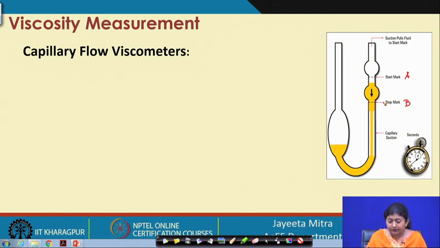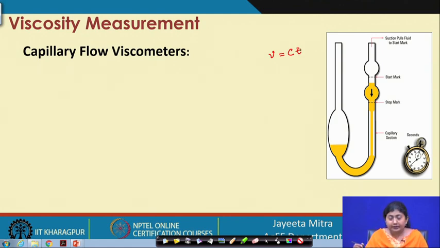So, we can represent the kinematic viscosity nu as equal to some calibration constant C into time.